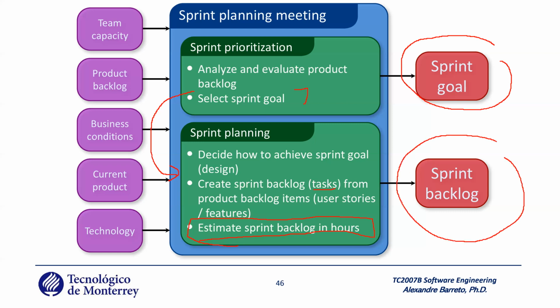The constraints to this task are the team capacity, which will define how many user stories you can work in the same sprint; the product backlog, the business conditions that define the prioritization; the current product, which defines what you can do because you need to improve the product sprint by sprint; and the technology.